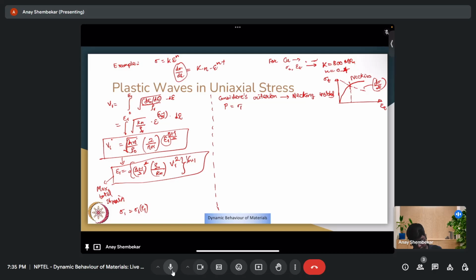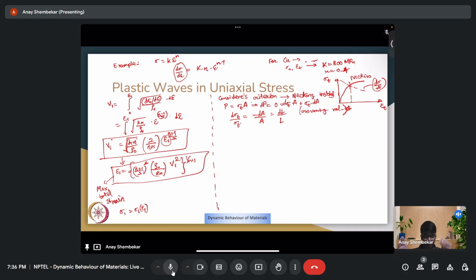Sigma is the true stress times the current area, P equals sigma A, and if we set dP, which is the change in force, to 0, we get d sigma A plus sigma dA equals 0. From this we can evaluate d sigma by sigma is minus dA by A, which is nothing but dL by L, assuming constant volume. So we can assume constant volume till the necking instability, beyond which there will be some increase in volume.